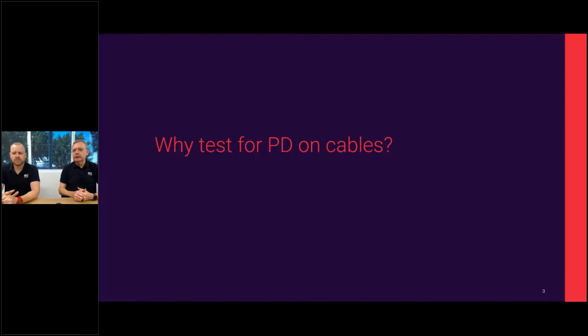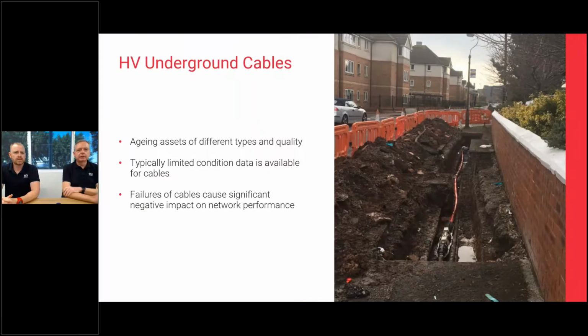So why test for PD on cables? It's relatively obvious, and the same as why we test for PD on just about any other HV electrical asset. Cables is an interesting one though. We've got large networks of cables. Often in the countries that we're dealing in, we've got quite old, ageing networks.